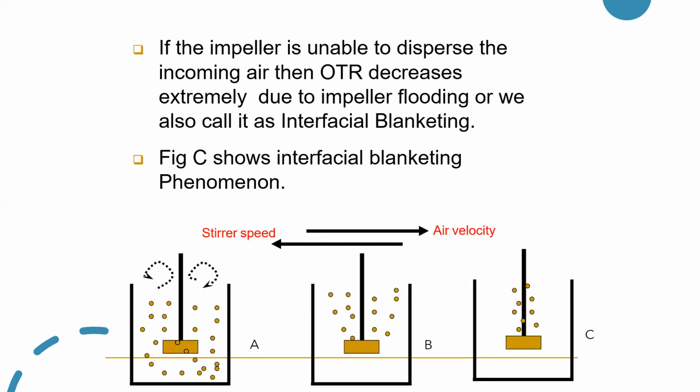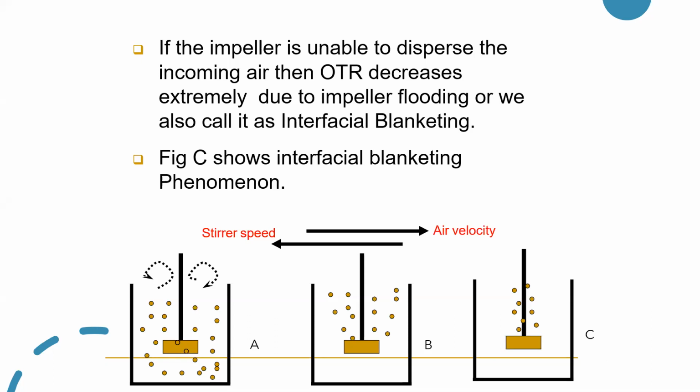See, there are three figures here, A, B, and C. What is shown in these three figures? I have tried to show you that the speed of your impeller or stirrer in the bioreactor should be synchronous with the air velocity, the airflow rate.